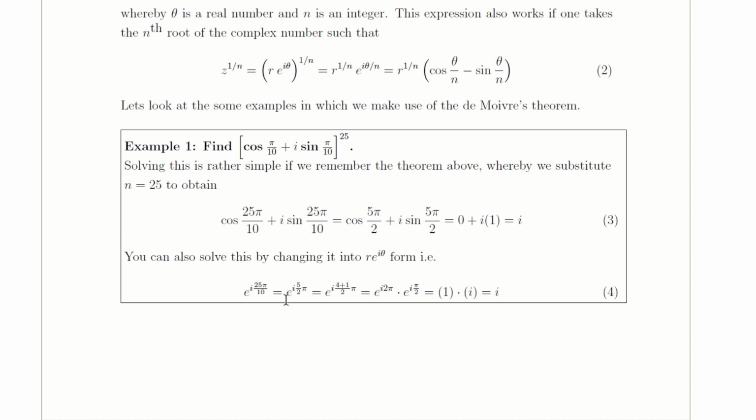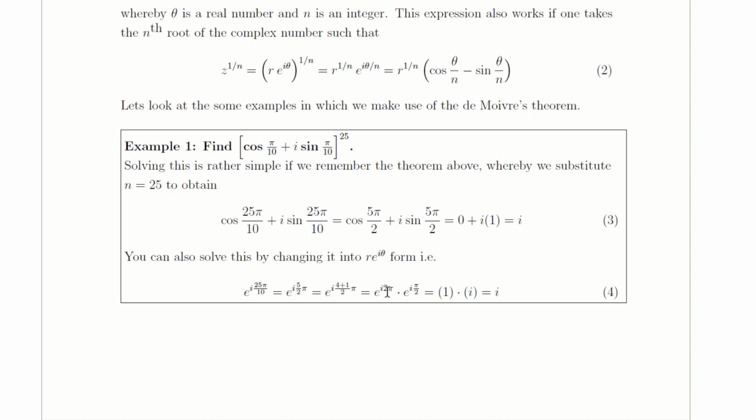Again you simplify this so that now you have e^(i5π/2), and 5π/2 you can write as (4 plus 1) over 2 times π, and now 4 divided by 2 is simply e^(i2π), and you multiply it by e^(iπ/2).